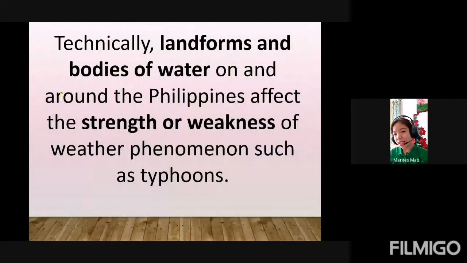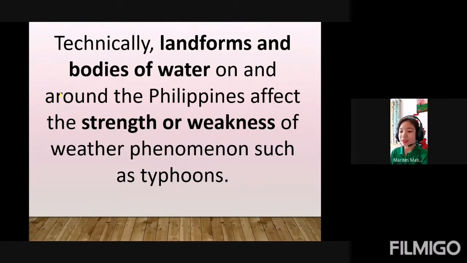Technically, landforms and bodies of water on and around the Philippines affect the strength or weakness of weather phenomena such as typhoons. Now, from that idea, in which area does a typhoon gain its strength?